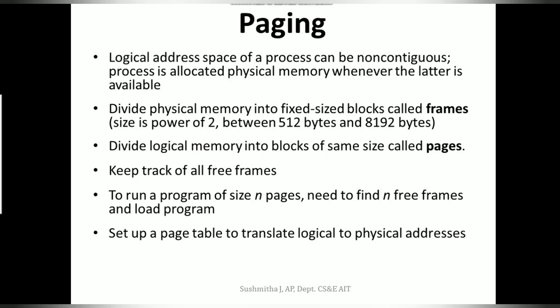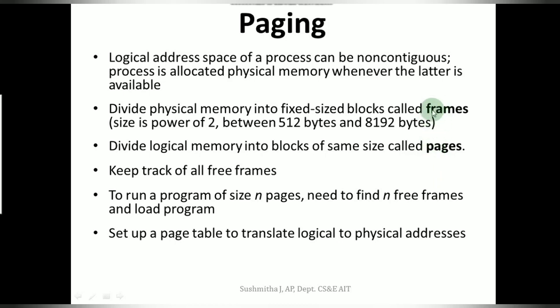So what is paging? The basic method of implementing a paging scheme involves breaking the physical memory into fixed size blocks called frames, and breaking the logical memory into blocks of the same size called pages.